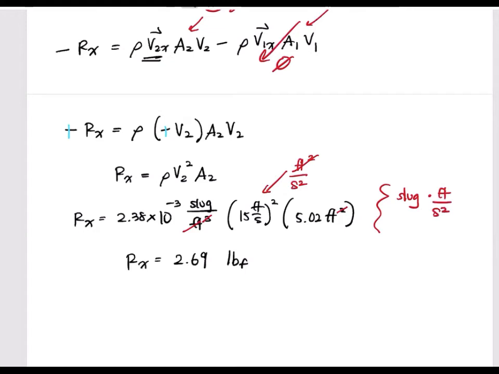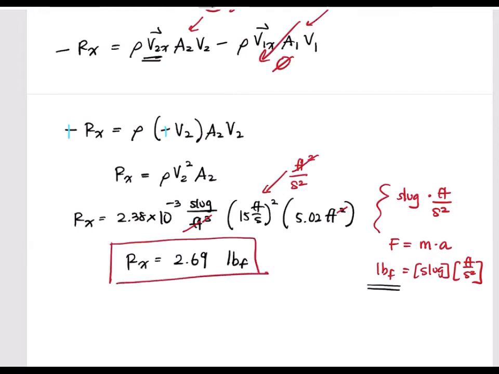Now, from Newton's second law, right, we know that force is equal to mass multiplied by acceleration, and force is pound force, mass is slug, acceleration is feet per second squared. Do you see this? So unit-wise, 1 slug feet per second squared is equivalent to 1 pound force. So we end up with the units of pound force.